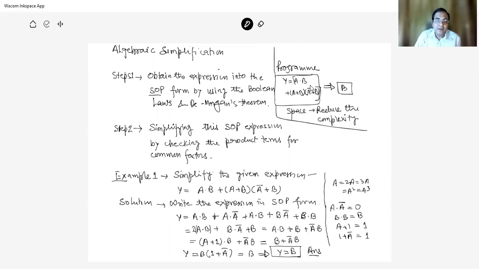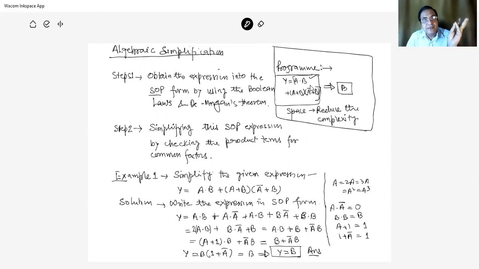The general meaning of simplification is, suppose any program is coded, then the program algorithm must have input, output, definiteness, finiteness, and effectiveness. These are the five requirements for a given program in terms of algorithm.